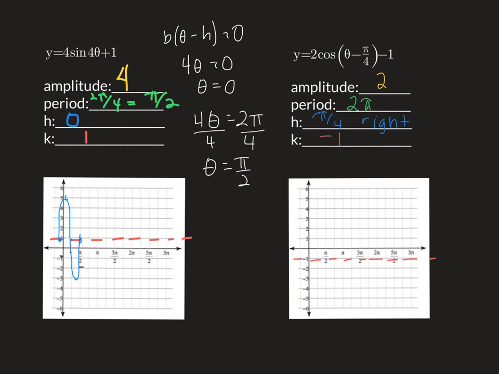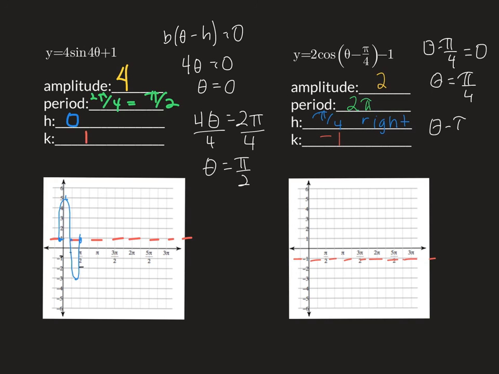Okay, but now I'm going to go to my starting and my ending point that we looked at before. So theta minus pi over 4 needs to equal 0. That's my starting point, which means theta equals positive pi over 4, which is what we expected since it said right pi over 4. Now to figure out where it ends. Because I don't have a b value, I don't have to worry about that.